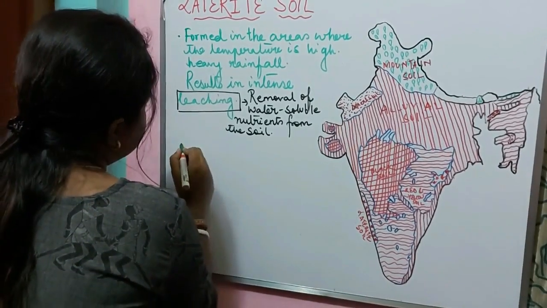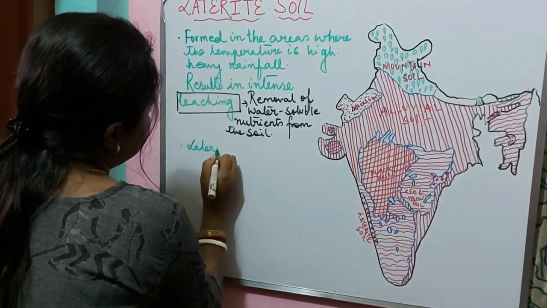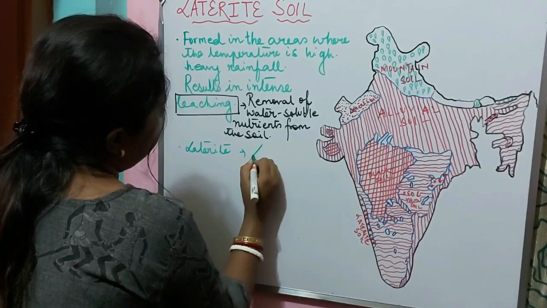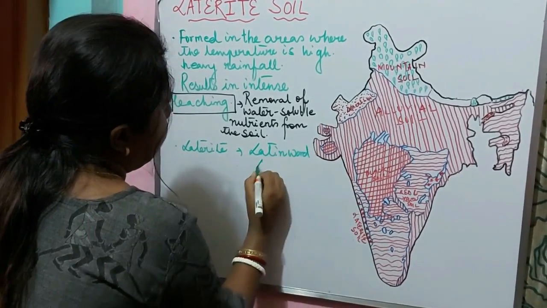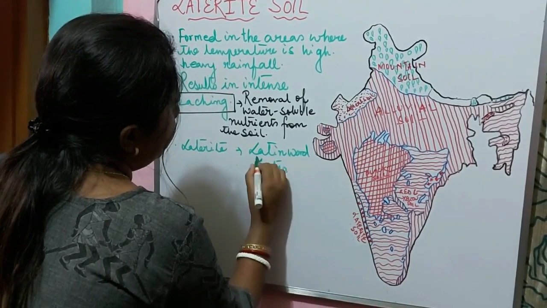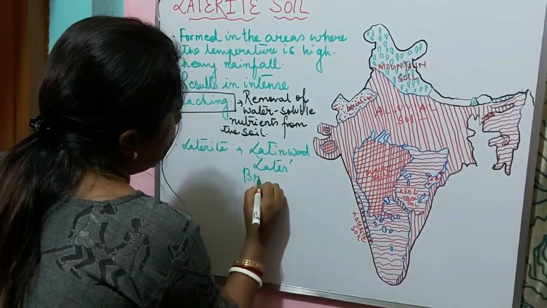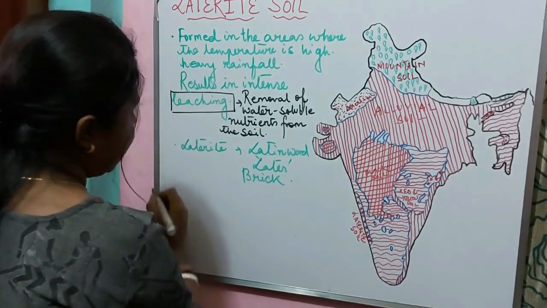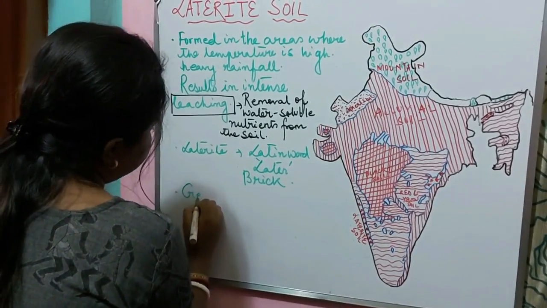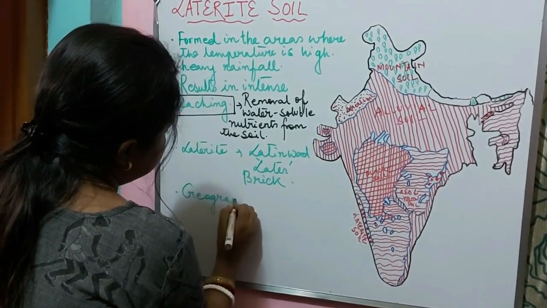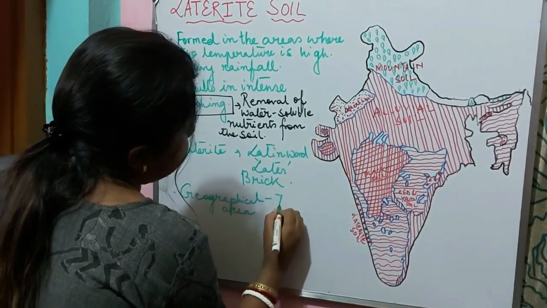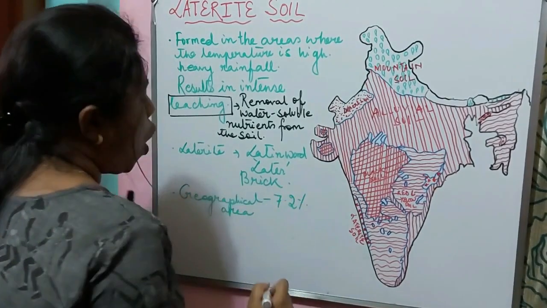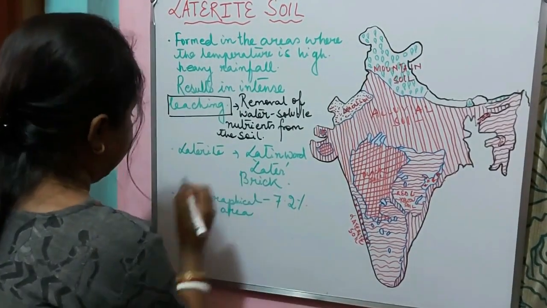The word laterite is derived from a Latin word later, which means brick. In terms of geographical area, it covers 7.2% of the total geographical area.